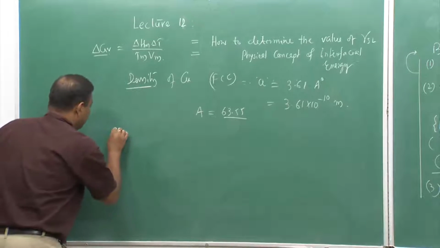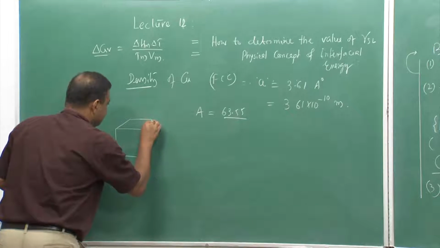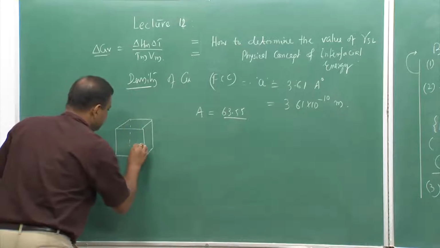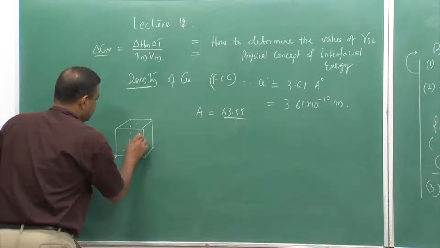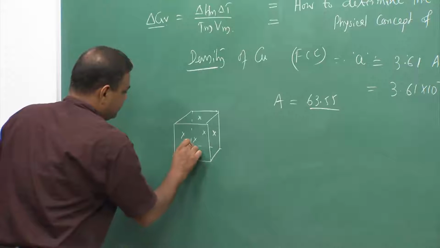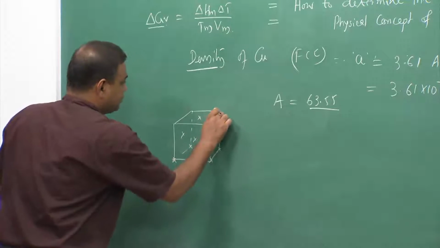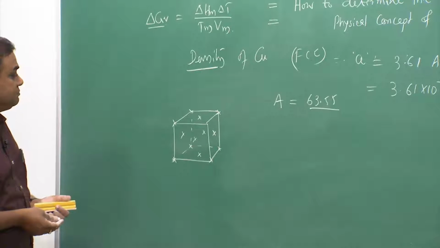So, we can find the number of atoms per unit cell. This cross I am just denoting as the atom.